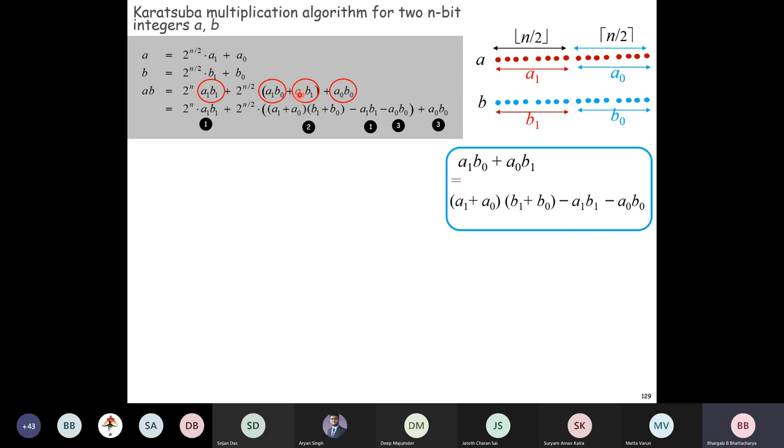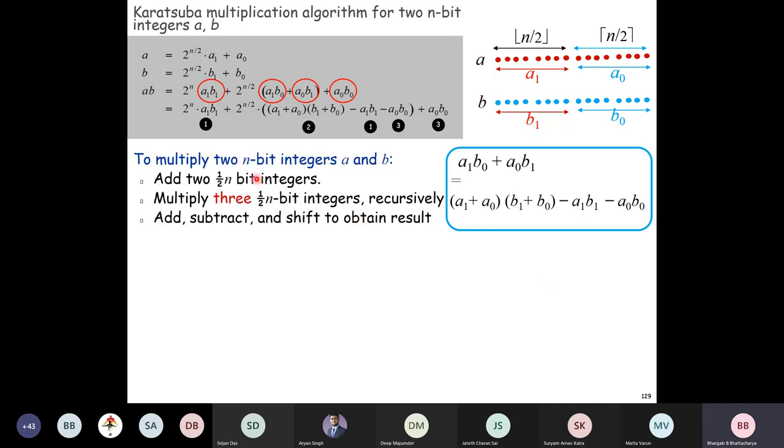Therefore, what Karatsuba did is he replaced this term using this factored form, and here you see that there are 3 distinct product terms. One is here, and this one is repeated here. Two is here, because there is 1 product term here and 2 sum terms, and this is the 3rd product term which is repeated here. So what does it mean?